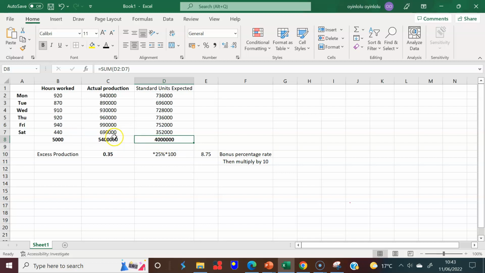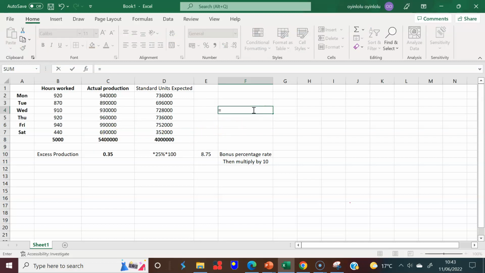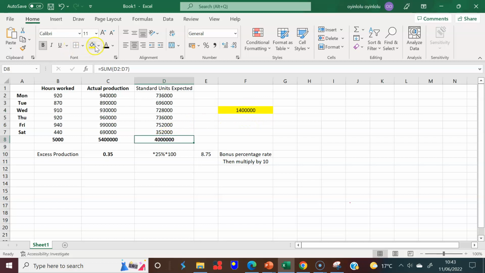So just following the formula, the excess is just the 5.4 million less the 4 million, which gives you 1.4 million. And so this is your excess. The formula tells you that you should take that excess as a percentage of the standard, right?